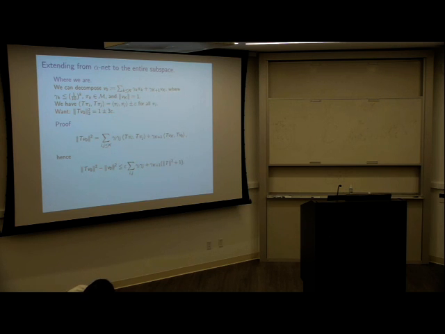I look at the difference, and I do know that the difference between this inner product and this inner product is at most epsilon. So I just take the difference. In this part, the difference is bounded by gamma i times gamma j times the epsilon. And I have to sum it over all i and j.